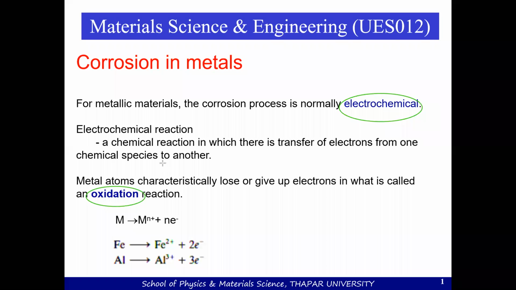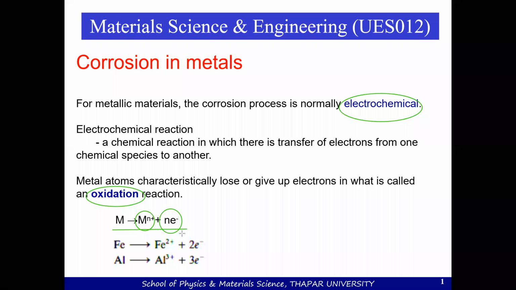In this case, when the metal oxidizes, generally the metal gets converted into metal ions with a positive polarity, and it liberates a certain number of electrons to its surrounding. So an outcome of any oxidation reaction is you end up with a positively charged ion and a liberation of a number of free electrons.